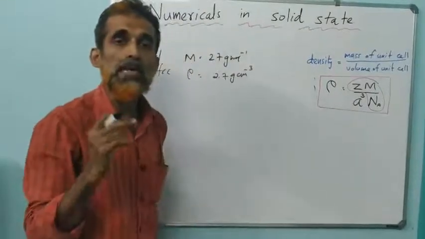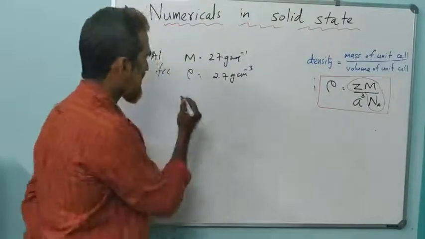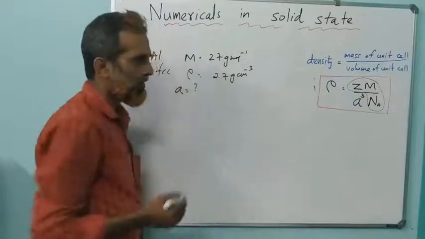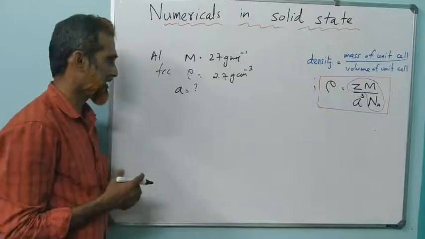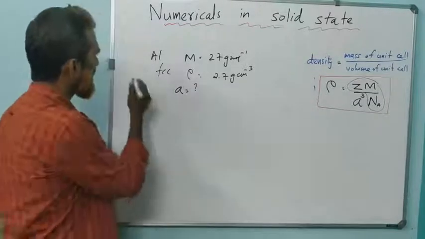Calculate the unit cell edge. That means you have to find out A. So you can get A cube and get A after that. So it's a direct question.